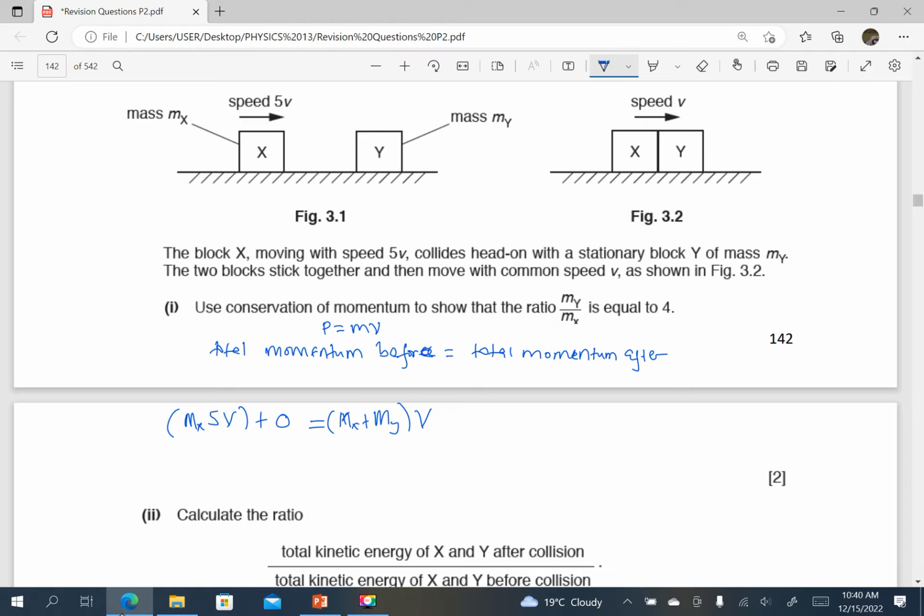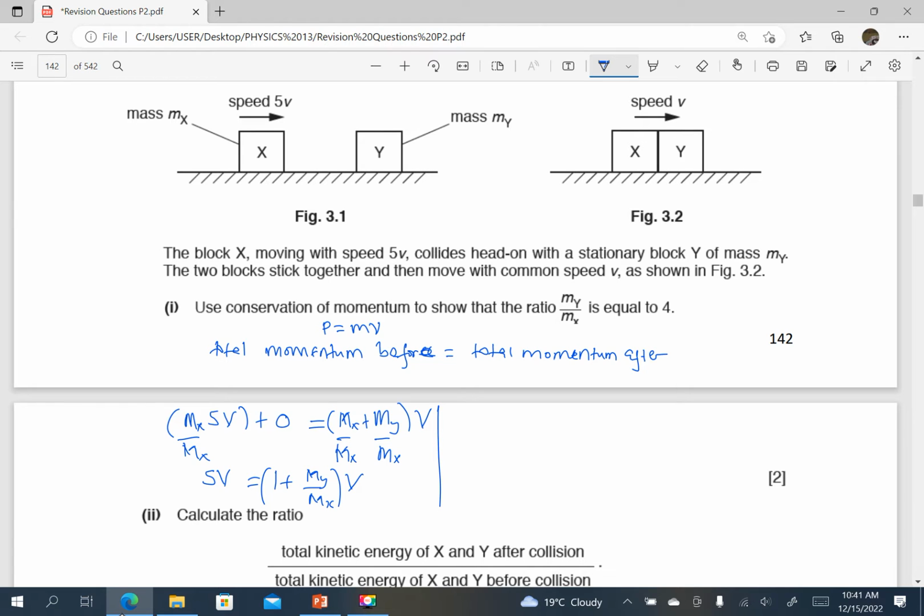So on the left hand side, I remain with 5v equaling to mx over mx, that is 1 plus my over mx. Then this is times v.